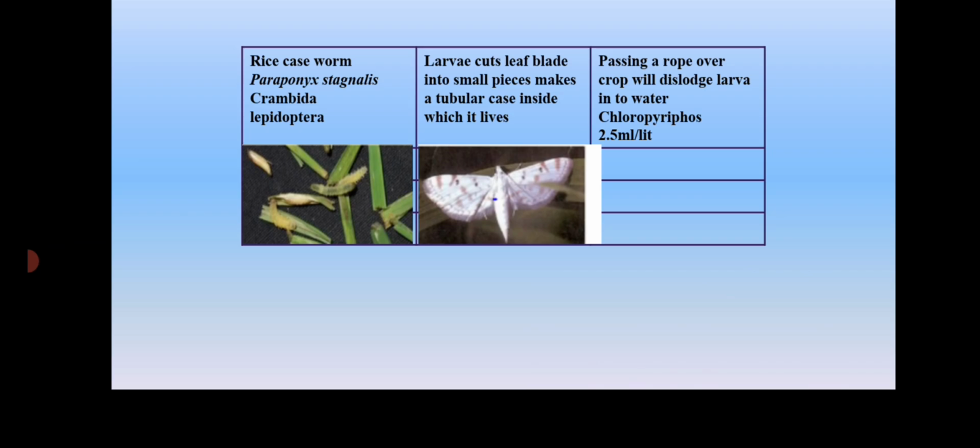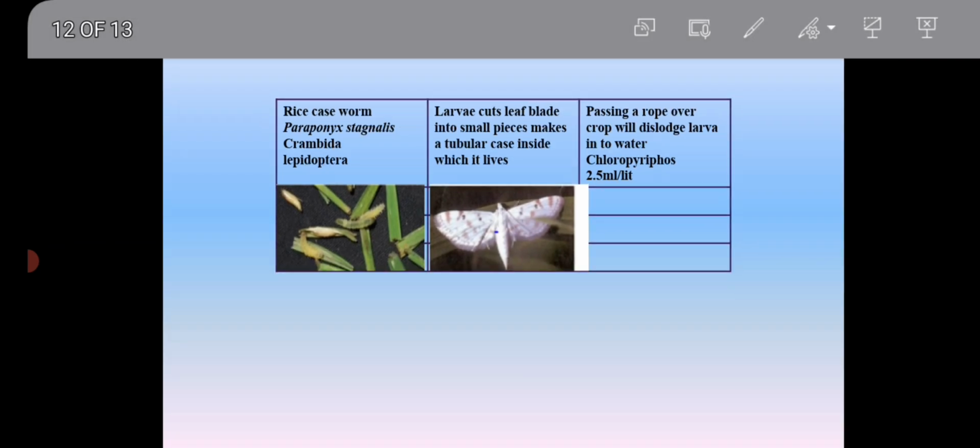So by passing the rope over the crop will dislodge larva into water and they may die, or you can also spray chlorpyrifos 2.5 ml per liter. This here is the management practice, passing of the rope over the crop to dislodge larva into water.